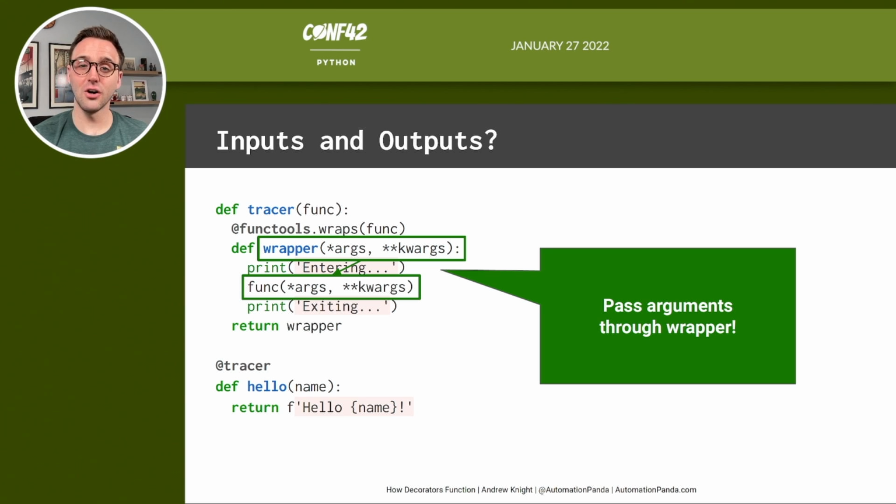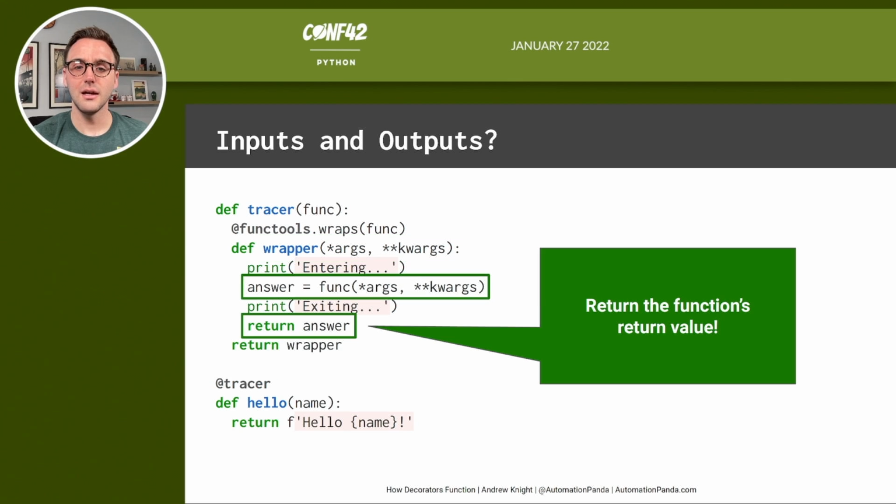First, add *args and **kwargs to the wrapper function's parameters, and then pass them through to the inner function. This will make sure all arguments go through the decorator into the decorated function. Then, capture the inner function's return value and return it from the wrapper function. This makes sure return values also pass through.